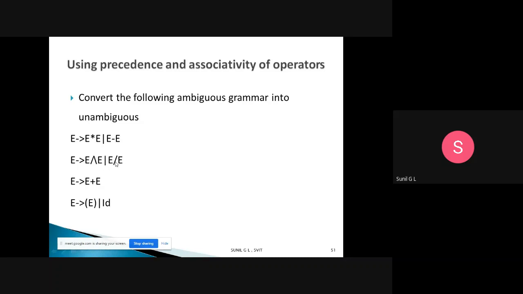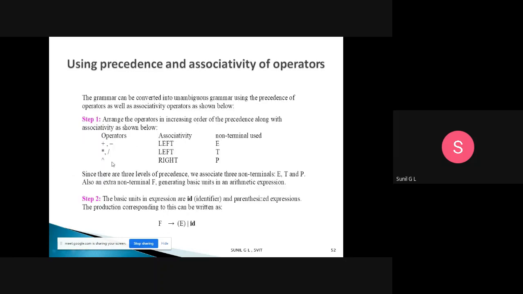This slash has higher precedence than E minus, which is here. So we need to write it in such a way that the highest priority comes first, based on precedence and associativity. So we need to rewrite this grammar. For that, we first need to identify the associativity and precedence.